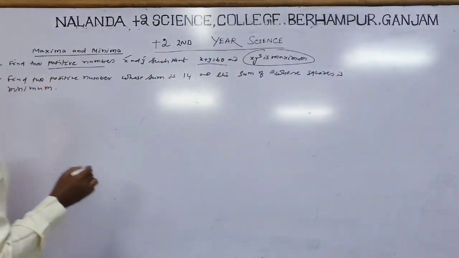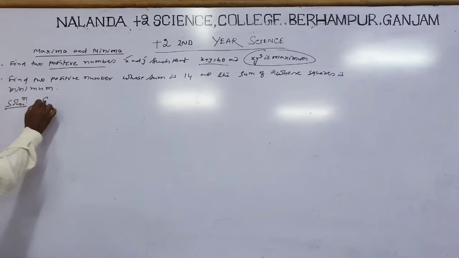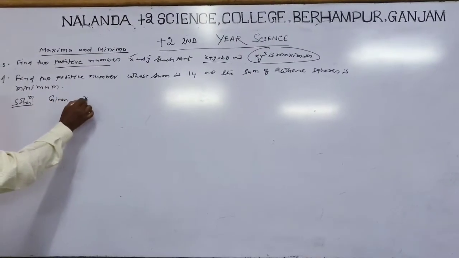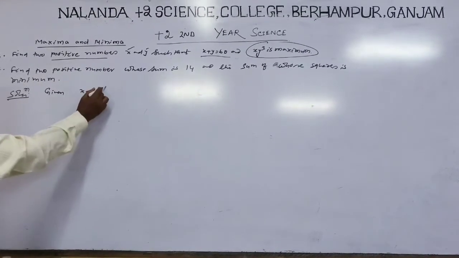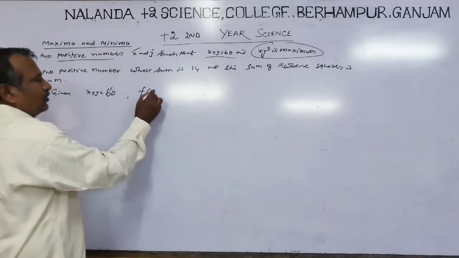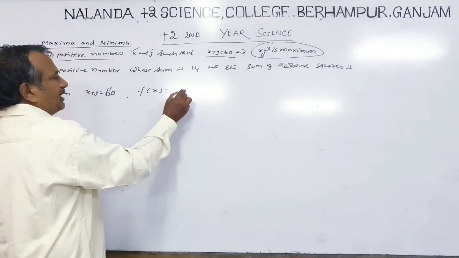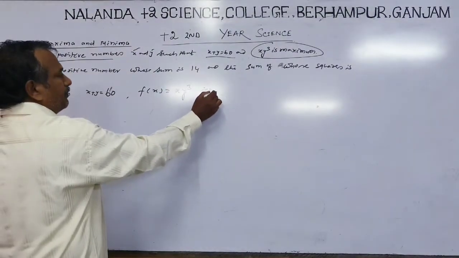Now solution. Here given x plus y equal to 60, and f of x equal to x y cube is maximum.